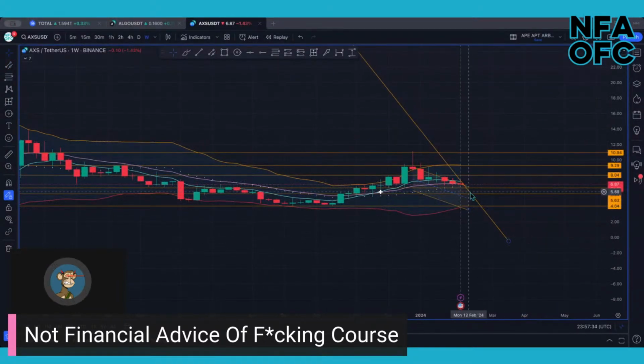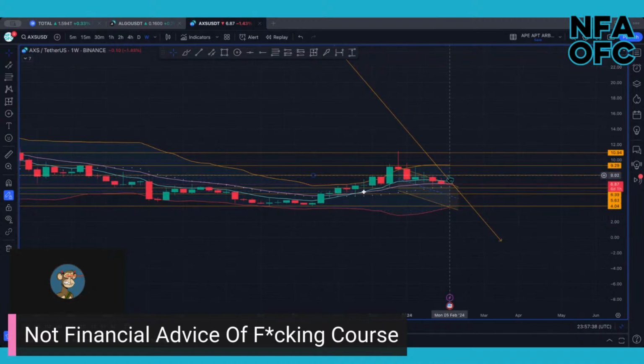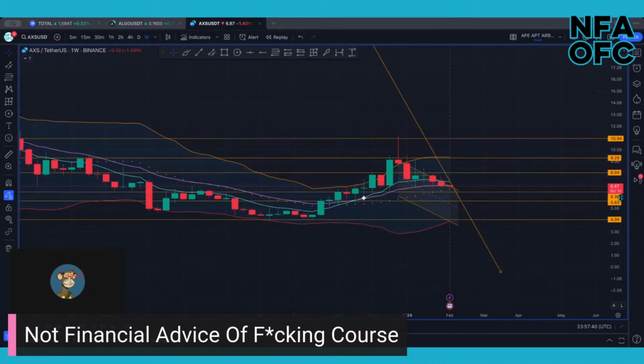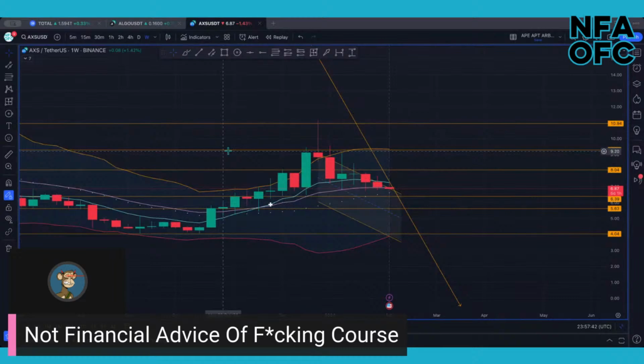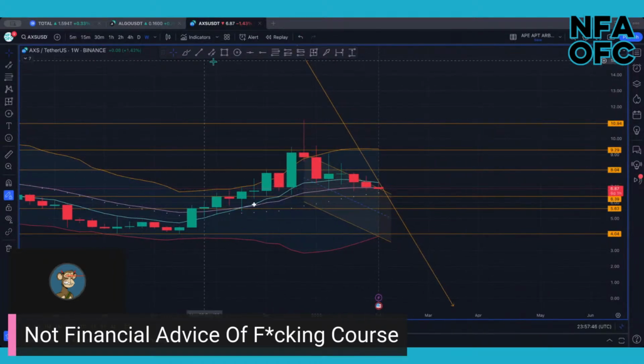So if we can retest and break this weekly downtrend and not get the micro bear, micro bull indicator, if this can just compress and then start to take off again, there'll be some healthy returns. But at this point, this is a tough entry on the weekly.